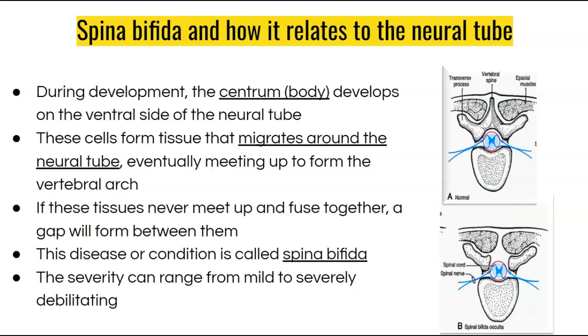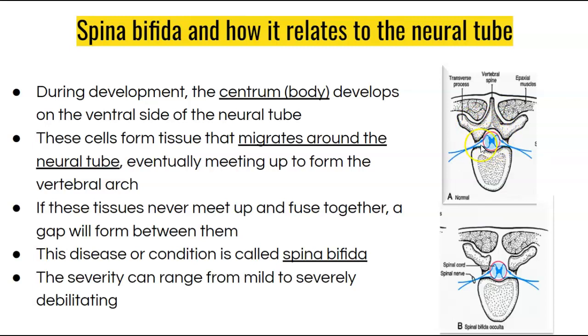So when you are developing, the centrum, or the body, on the ventral side of the neural tube is developed. And then these cells form tissues that migrate around the neural tube and eventually form the vertebral arch. Okay, so this arch here, you can see it in the top picture.